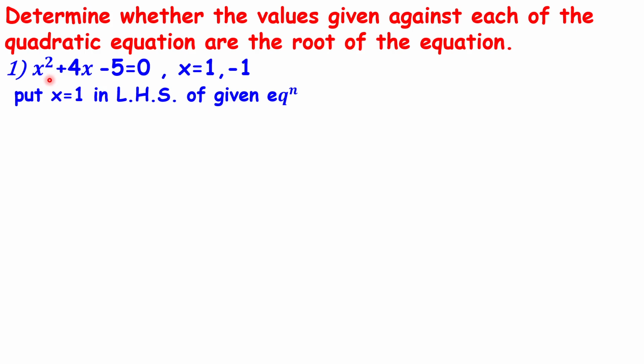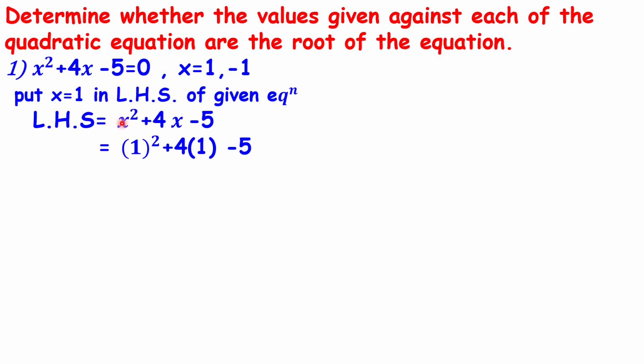Which is the LHS of the given equation? x square plus 4x minus 5. Put the value of x is 1, that means 1 square plus 4 into the value of x is 1, minus 5. The square of 1 is always 1. 4 into 1, 4 ones are 4, minus 5.